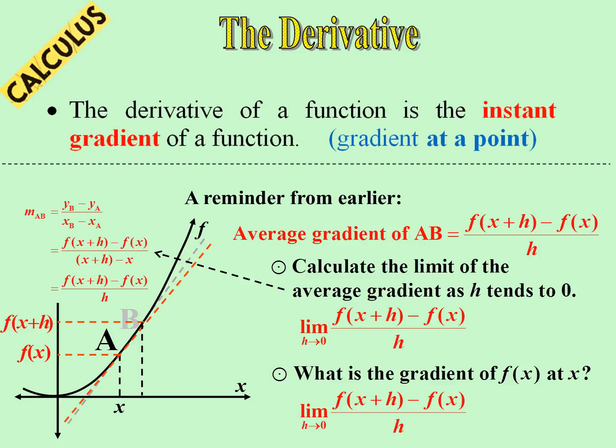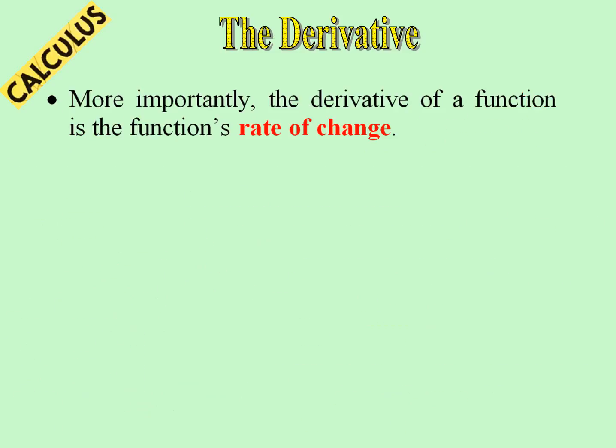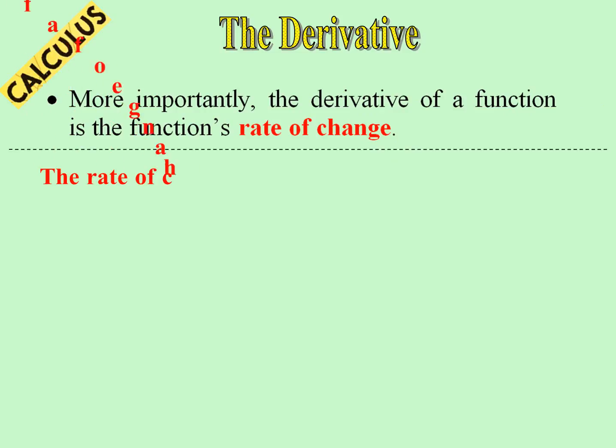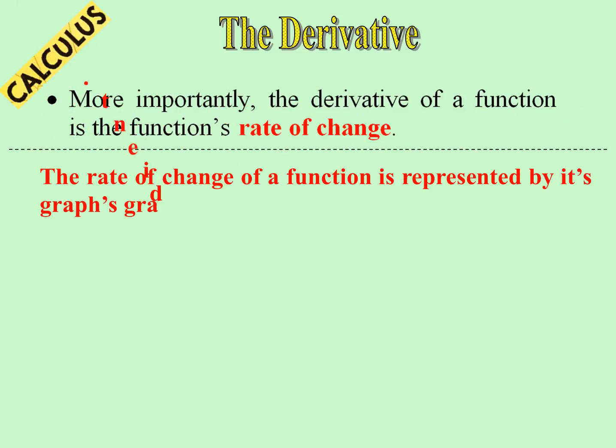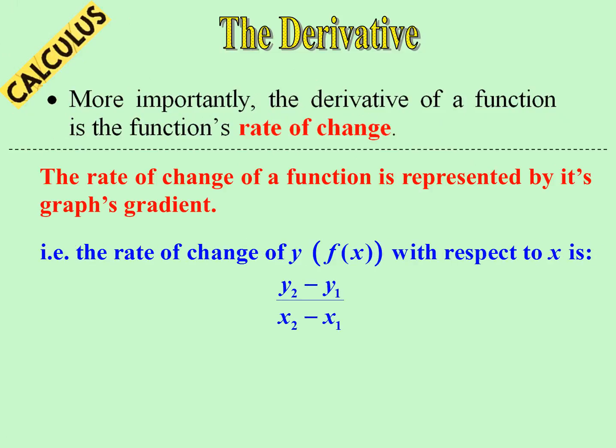A repetition of what we did earlier as a reminder. And the derivative is the gradient, but it's also the rate of change, because how fast it is changing is dependent on the ratio of y to x. So therefore the rate of change of y, change in y over change in x, or f of x.